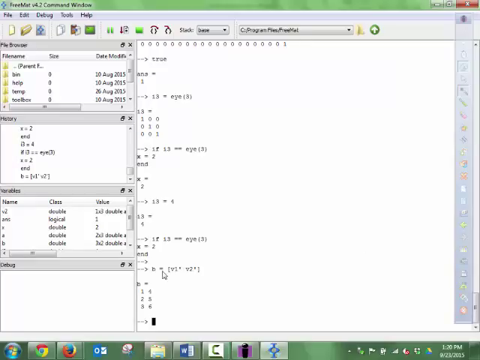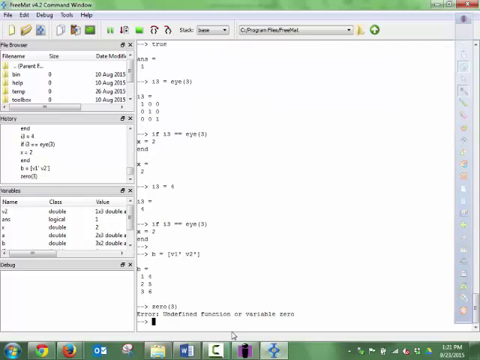And so now instead of having a 2 by 3 matrix, here I have a 3 by 2 matrix. And then I can also create a matrix of zeros by putting zeros. Let's try 0 first. And then I can have a 3 by 3 matrix if I just put one number, 3, in. Oops, that's zeros.